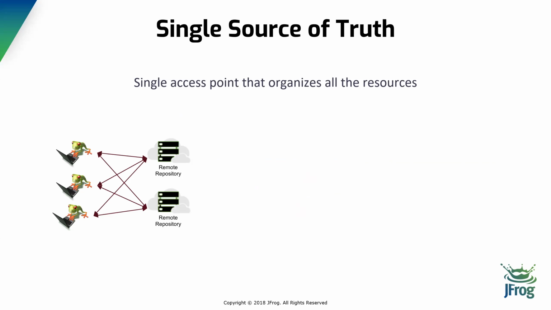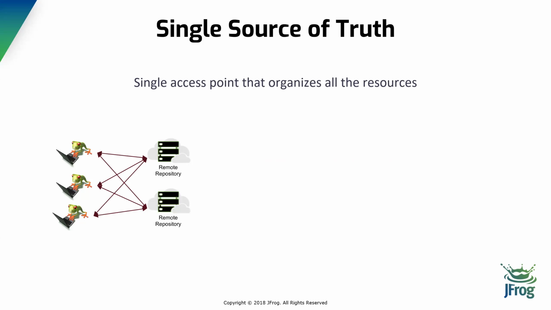So let's take this example. Here I've got different developers who are working in the same team, but they're building their project locally. When they want to get a new dependency, they will connect from their own workstation to a remote repository. If you're doing .NET development, you will connect to the NuGet gallery to get a specific dependency.